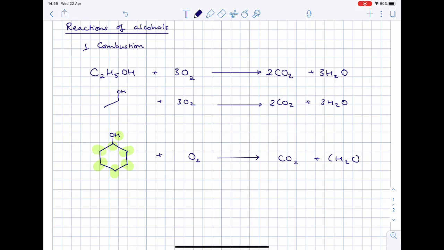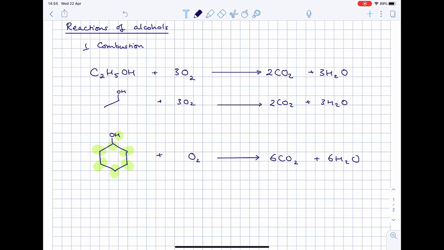So we're going to have 6H2O, and we have 6 carbons in the carbon ring, so that is going to be 6 CO2. And then on the right hand side we have 6 oxygens there and 12 there, so that's 18 oxygens. On this side we take 1 off from the alcohol, so 18 minus the 1 is 17, and 17 divided by 2 would be how we balance O2.